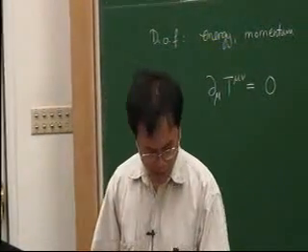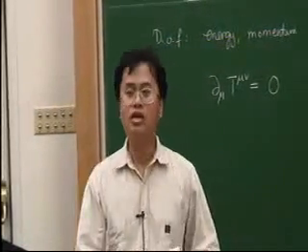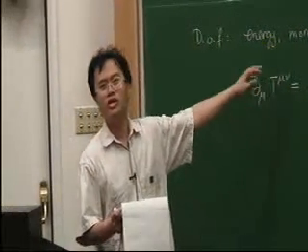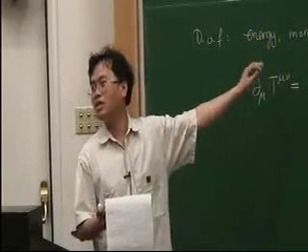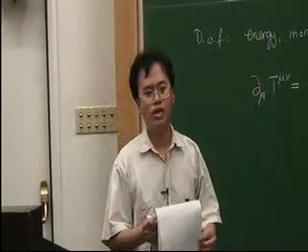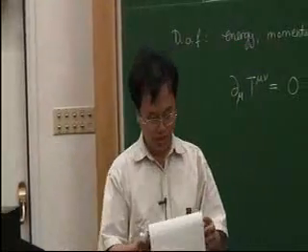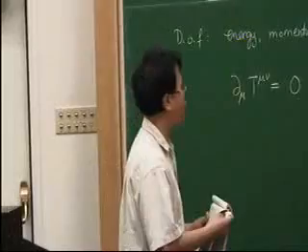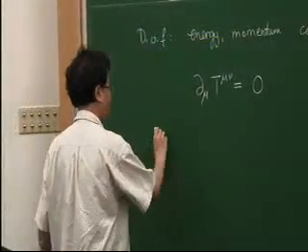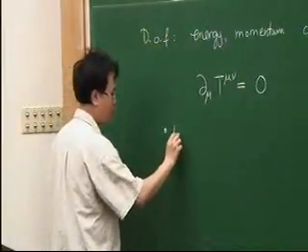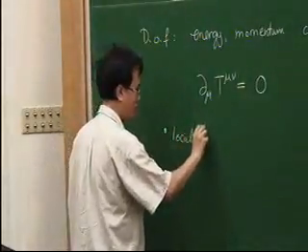If you look at this equation, it doesn't close, because the number of components of T^{mu nu} is 10 in 3+1 dimensions, and the number of equations is 4. So we need additional conditions to close the equations. And that comes from a very important assumption, that is the assumption of local thermal equilibrium.